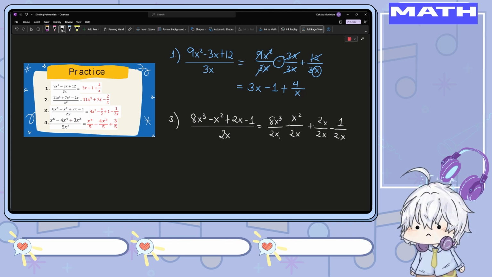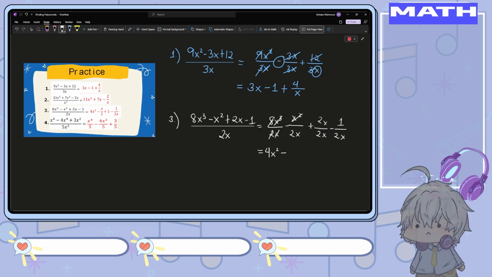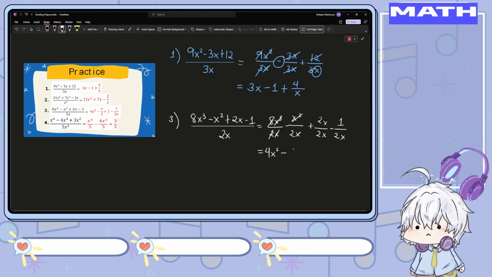We divide 2x to all of the terms in the numerator. Thus, 8 divided by 2 will be 4. X cubed divided by x will be x squared because 3 minus 1 is 2. And minus x squared divided by x is going to be x.